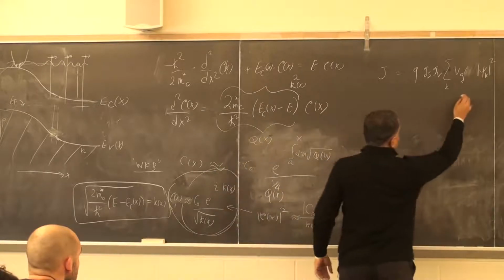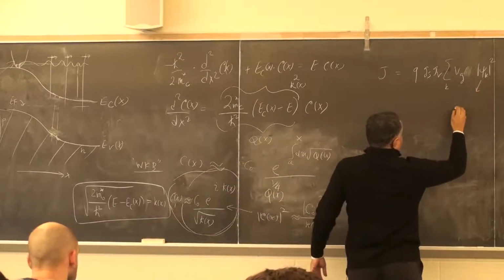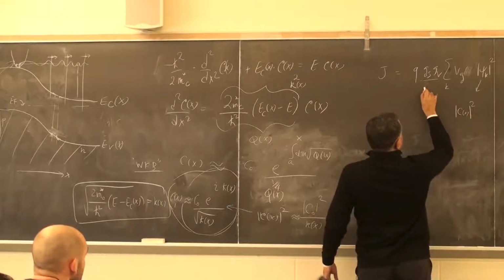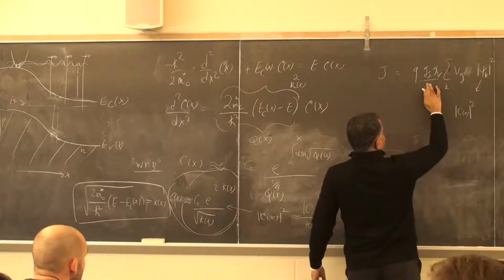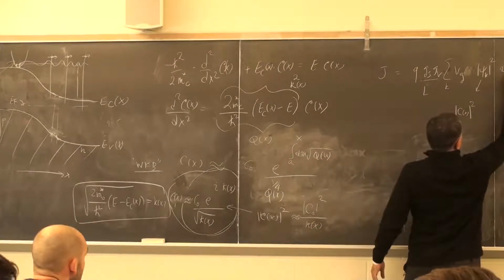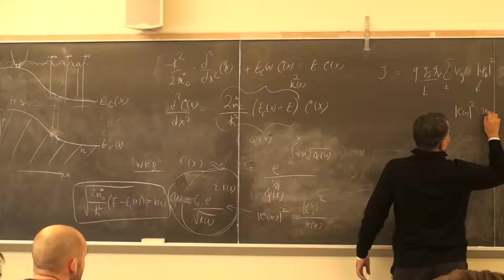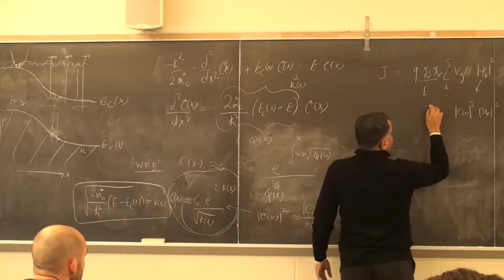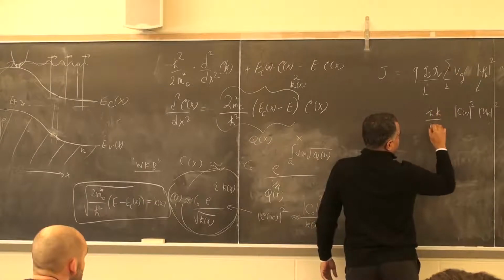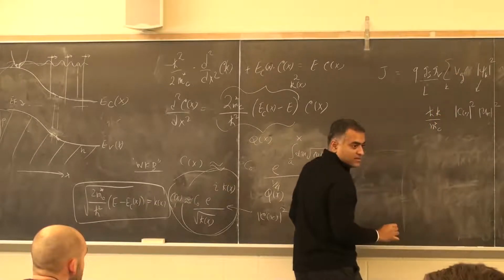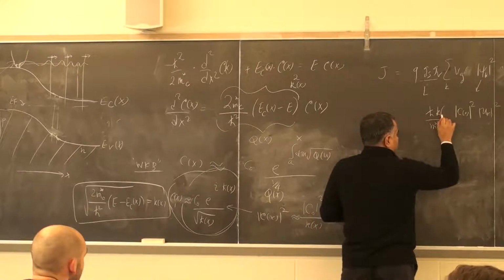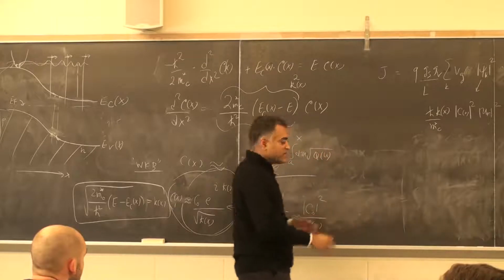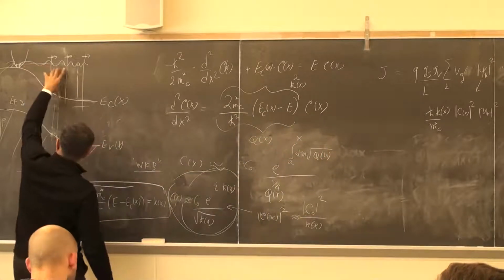What I wanted to point out is that the wave function now is mod c of x squared, there's an L here, and there's the Bloch function uk squared. This is the total wave function. And the group velocity is h bar k over the effective mass, right? But for a parabolic band. But the thing is, the k is changing with x. So it's variable, right? K is changing because the electron has more kinetic energy as it's moving to the right.